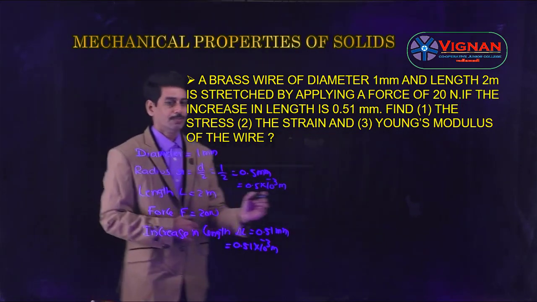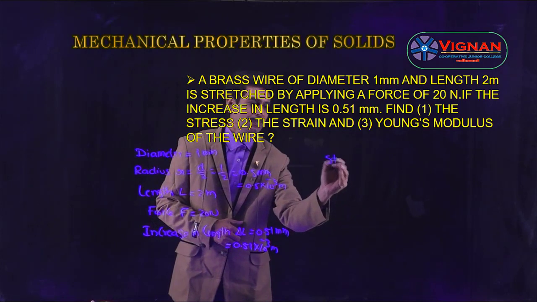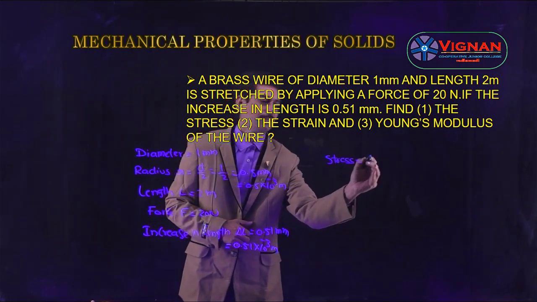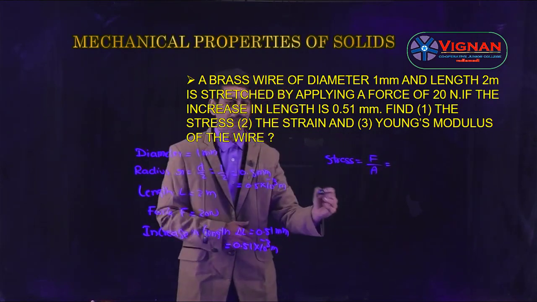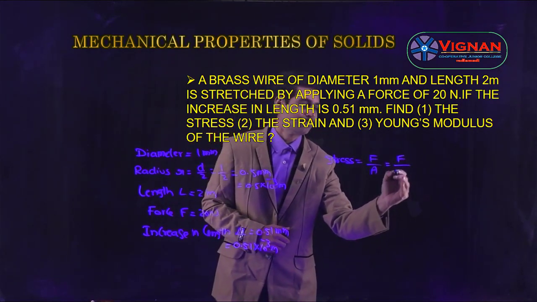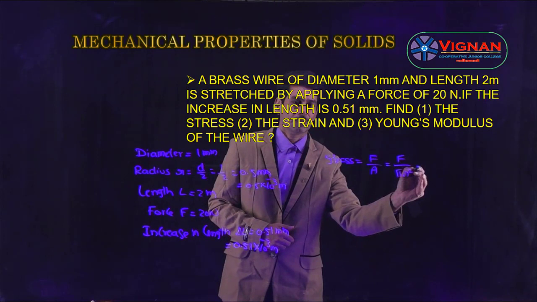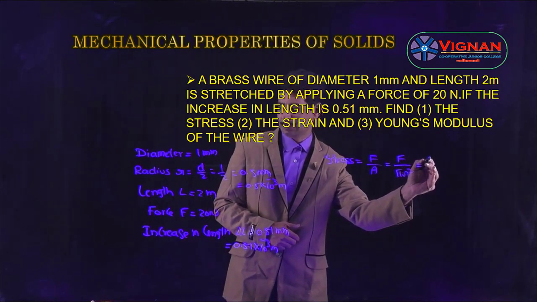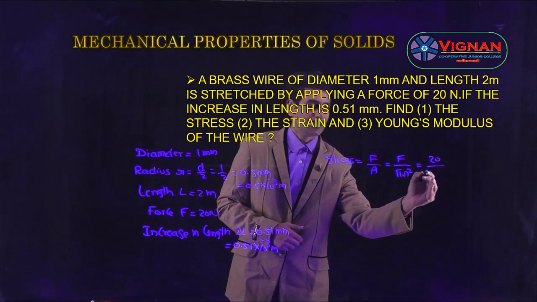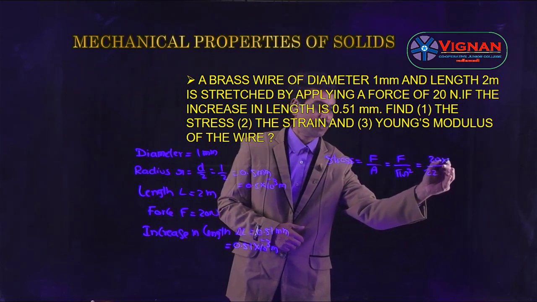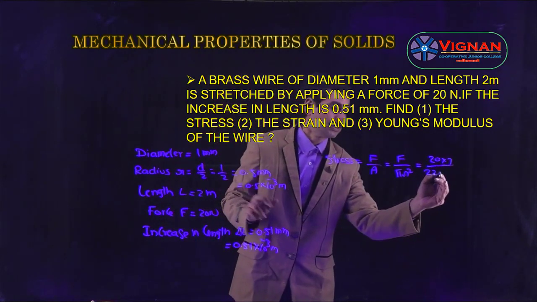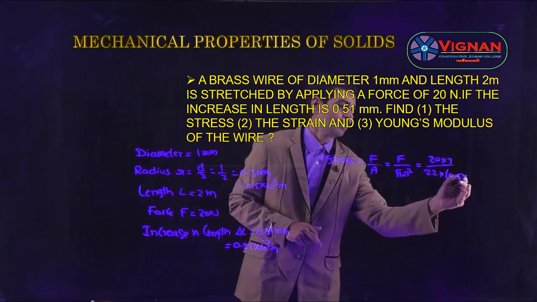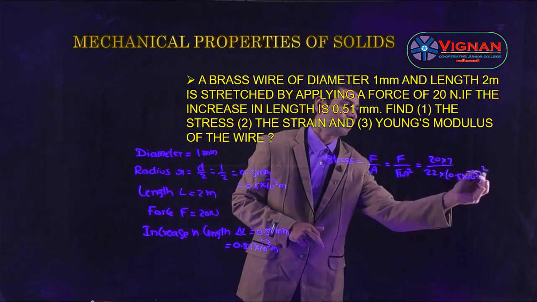We know the formula for stress. Stress is force by area, and since area is not given, instead of A we write pi r square. F is given as 20 Newton, pi is 22 by 7, and r is 0.5 into 10 power minus 3, squared.